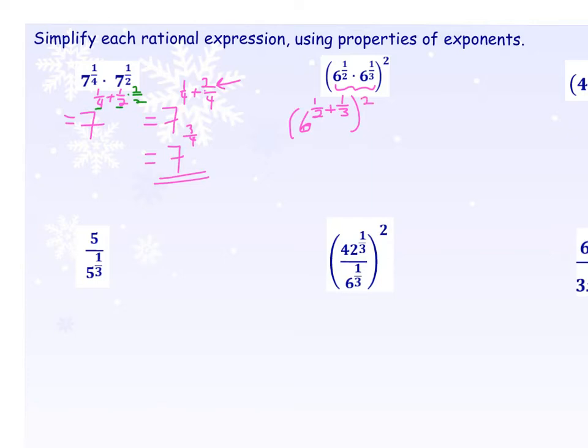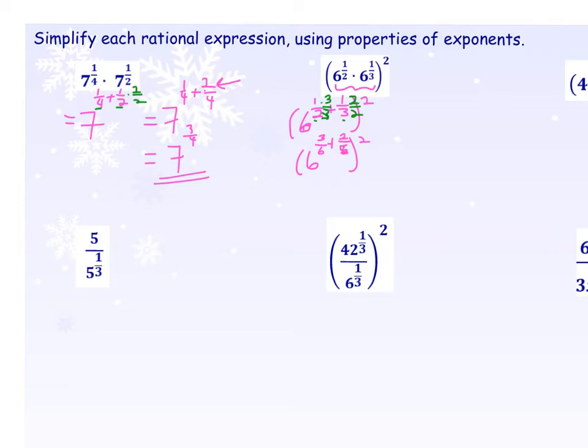and then all squared. A common denominator of 2 and 3 would actually be 6. That means we have to multiply 1/2 by 3 over 3 and 1/3 by 2 over 2. Keeping our base of 6, if we take 1 times 3, we'd get 3 over 6 plus 1 times 2 would be 2 over 6, and then squared.